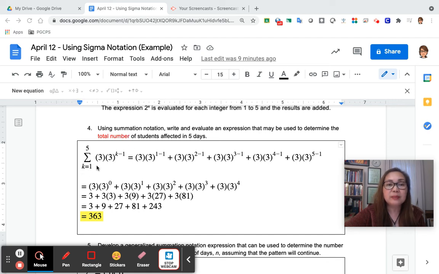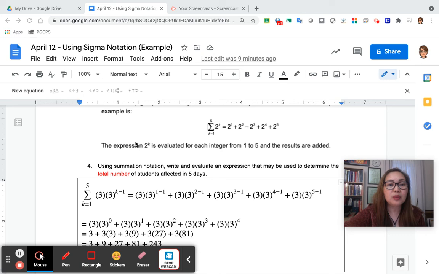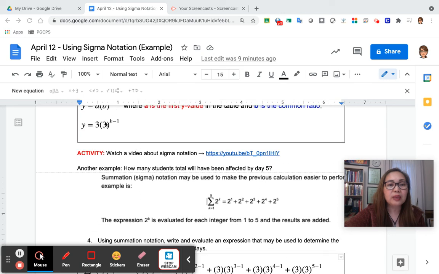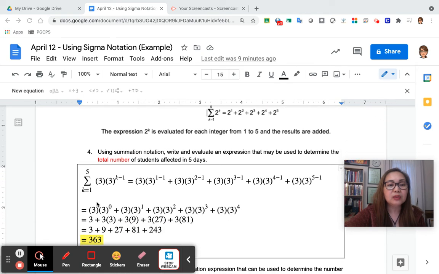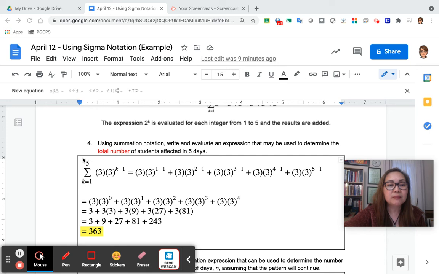That would be the sigma notation. Write and evaluate an expression that may be used to determine the total number of students affected in 5 days. So you're adding all of the cases from day 1 to day 5, and you're applying the formula that we have here. And take a look at how it is written.